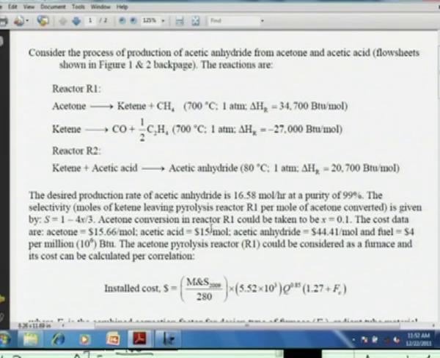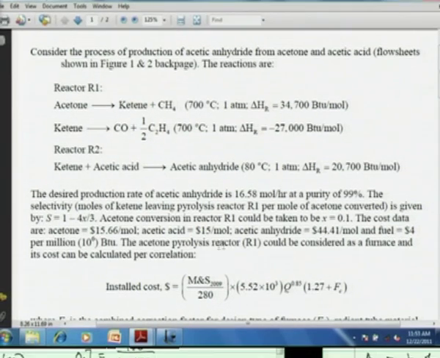The acetone conversion in the first reactor we can take as about 10%. The cost data is: acetone $15.66 per mole, acetic acid $15 per mole, acetic anhydride $44.41 per mole, and the fuel cost is $4 per million BTU.